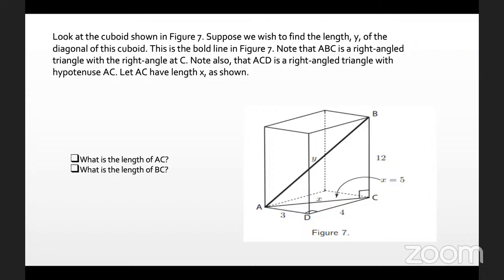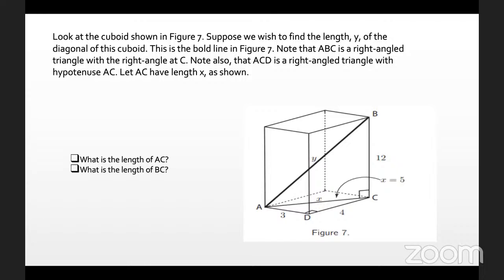Different. Explain. The method you use to find X, would you have to use a different method?